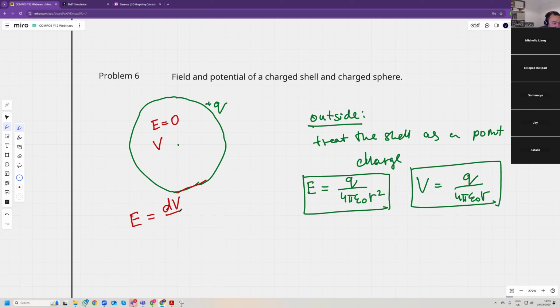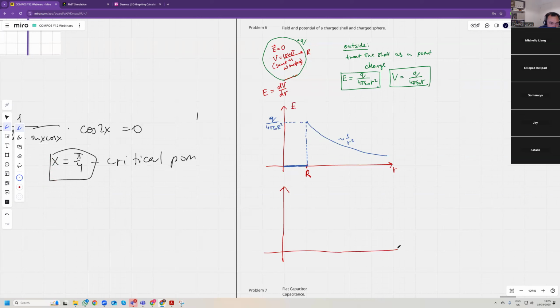The electric potential at the surface is Q divided by 4 pi epsilon naught r, but it is constant inside the sphere, inside the shell, and then it falls as 1 over r.